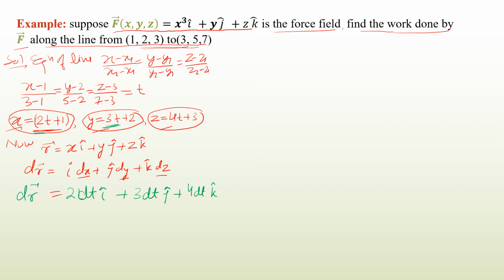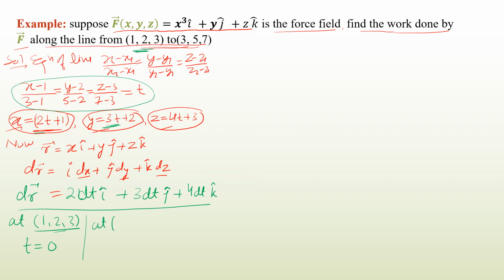So that is dr. Now we also have to find the limits, meaning the value of t at those points. At point (1, 2, 3), if we put this point in that equation, t is 0, and at (3, 5, 7), t becomes 1.